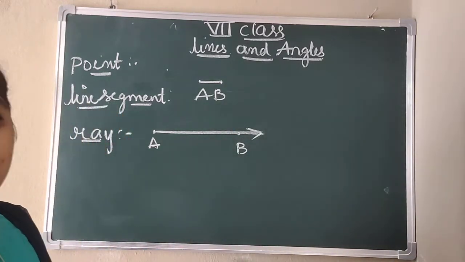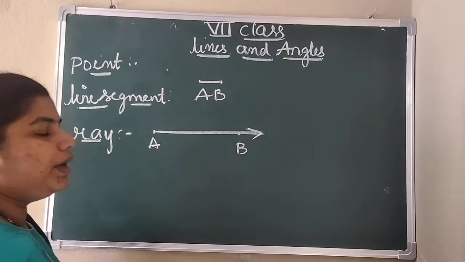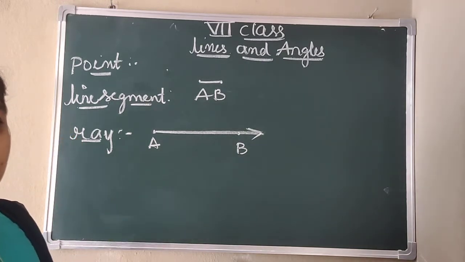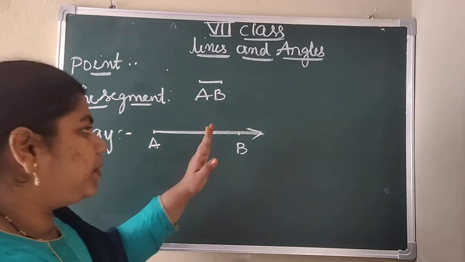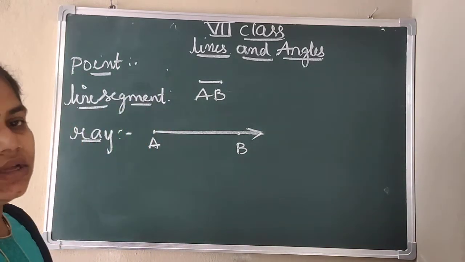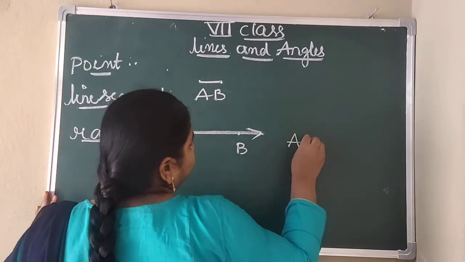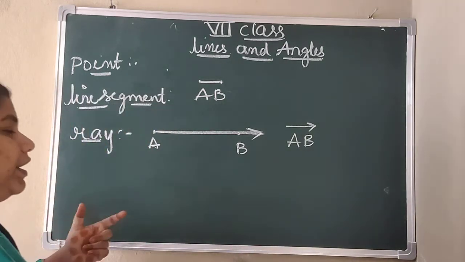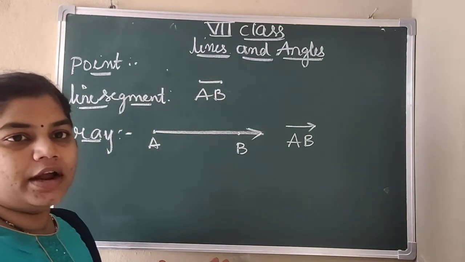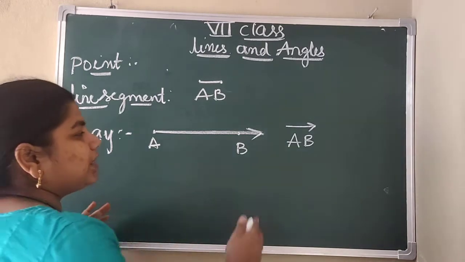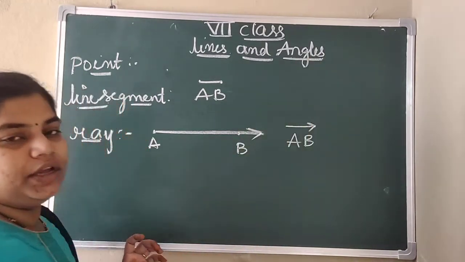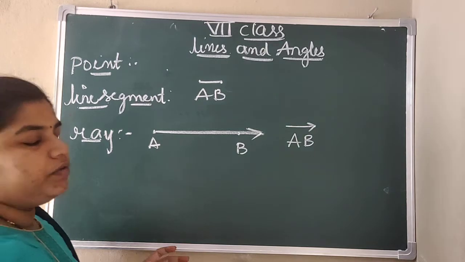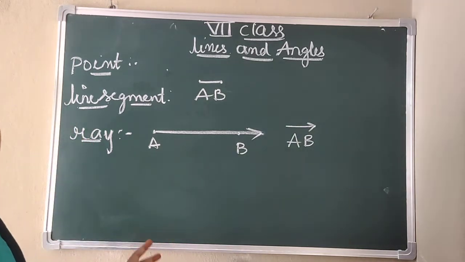So this is called a ray. How to denote this? We denote this in this way. Can we measure this ray? No, we can't measure this ray because from one side it keeps extending. We don't know the exact length of the ray.